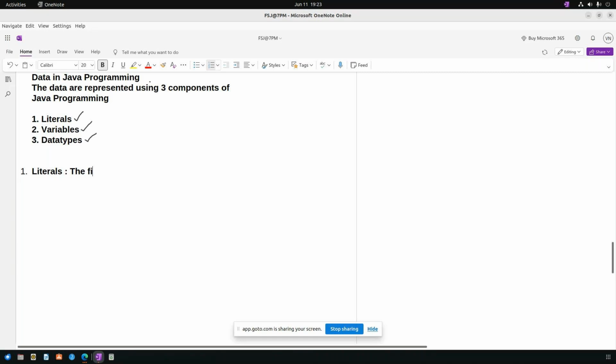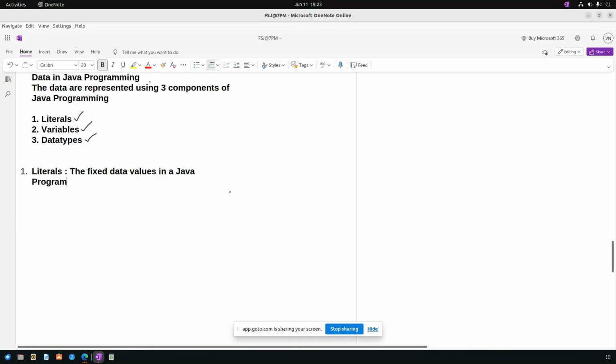The literals are the fixed values, or I should say, the fixed data values in a Java program.